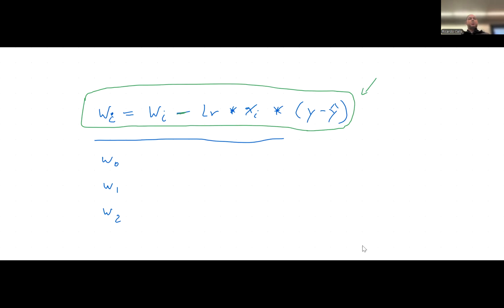Okay, so let's break it down into the parameters. We have this value LR, that's called the learning rate, and that is always going to be some parameter that you define. Usually I think the most default one is 0.001. It's just the value that you're adding to or subtracting from Wi.